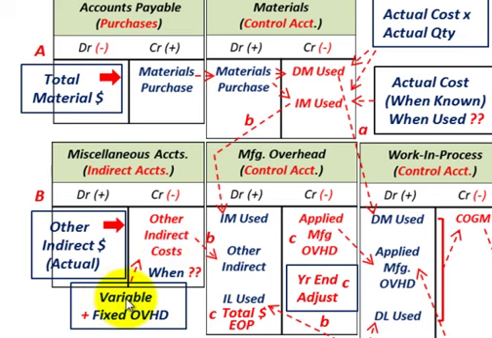Again, we could break them apart between variable and fixed overhead, but you lump them all together, and they'd be moved into a manufacturing overhead control account as those other indirect costs flow in and we get to know and allocate them. We may not be able to allocate them till the end of the period, but they're going to flow into a manufacturing overhead control account.